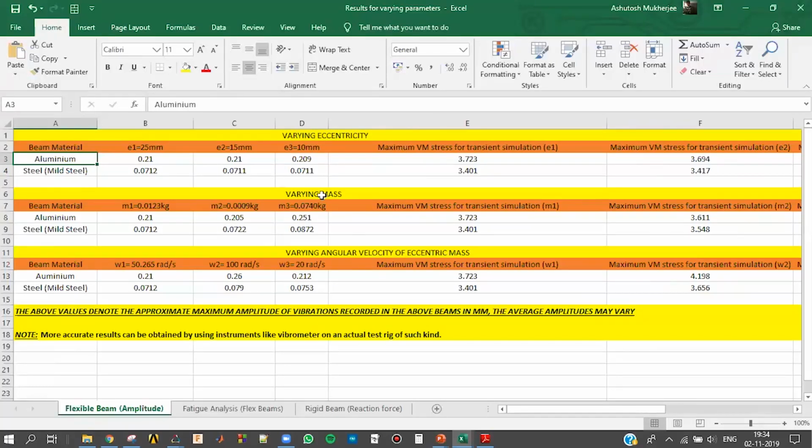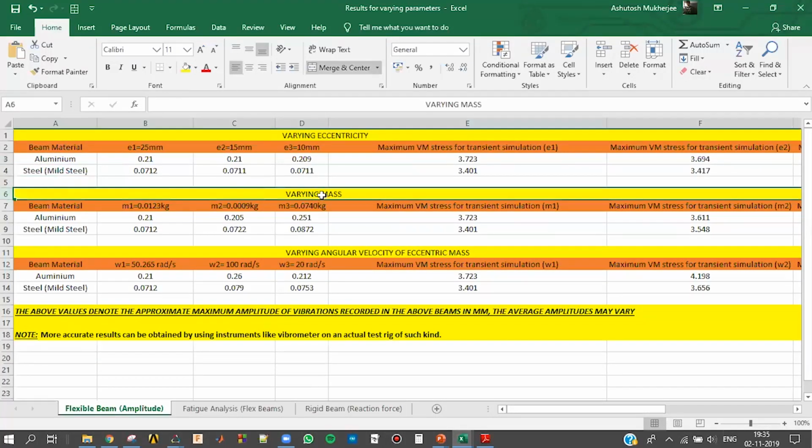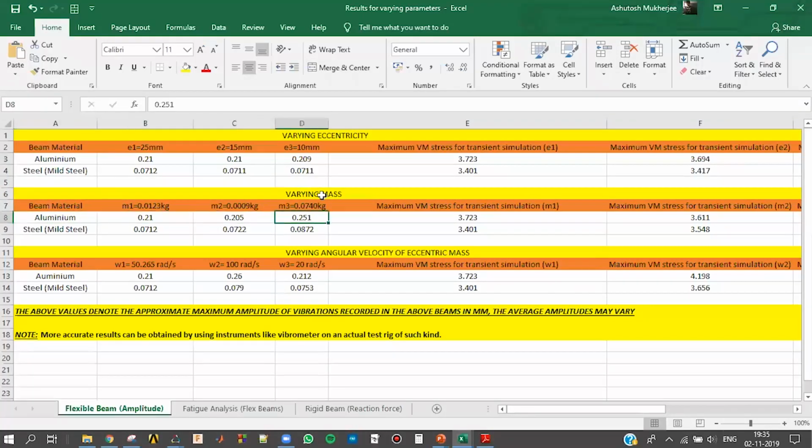So what can be done if we want to build this model realistically? We can easily scale the dimensions, but the trends which occur here will be the same, even in the case of a scaled model. Coming to the varying mass, we vary the mass and, according to the varying masses, we check the maximum amplitudes of the beams.